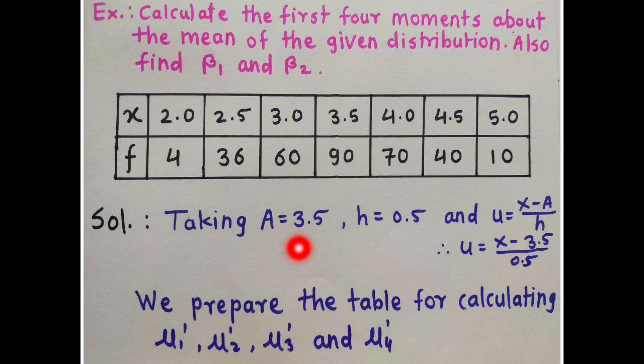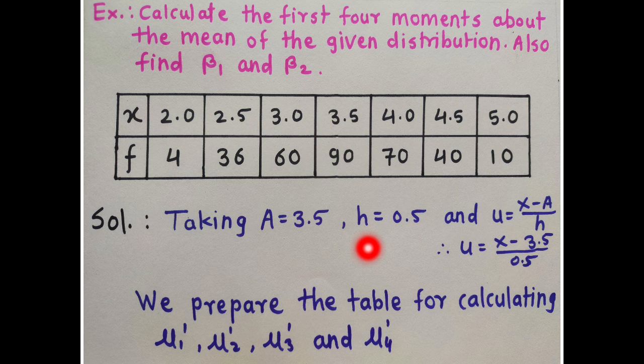Taking a is equal to 3.5, means the convenient mean a is equal to 3.5, h is equal to 0.5, where h is the class width. Here we can see the difference between two respective classes is known as class width. Here 2.5 minus 2 difference is 0.5, and between 3 and 2.5 the difference is 0.5.